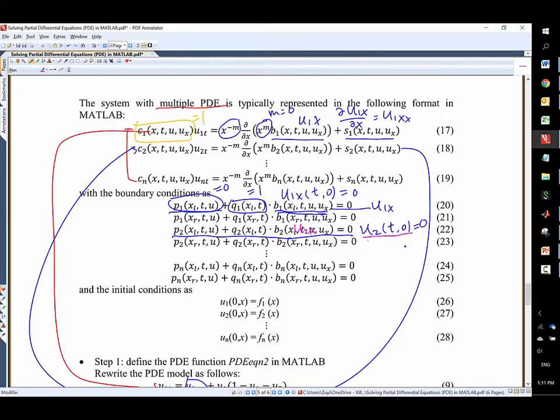In this equation we don't have u2x, so therefore we have to push this one to 0. So we get q2 equals 0.